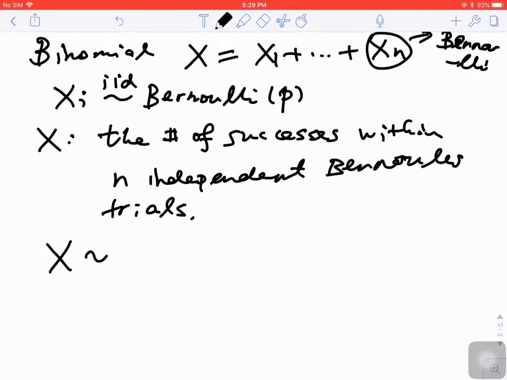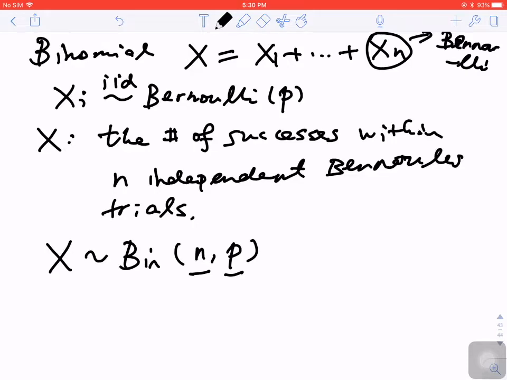So I'm gonna say this x follows the binomial distribution with two parameters, n and p. n is the number of Bernoulli trials, and p is the probability of getting a success in each Bernoulli trial. Because all those xi's, all those Bernoulli random variables, have the same distribution, the p's should be the same, right?